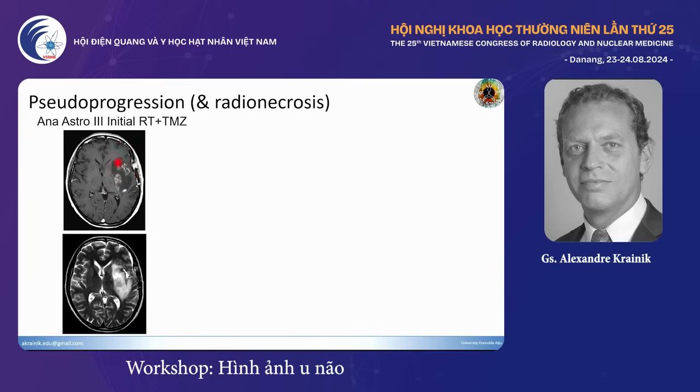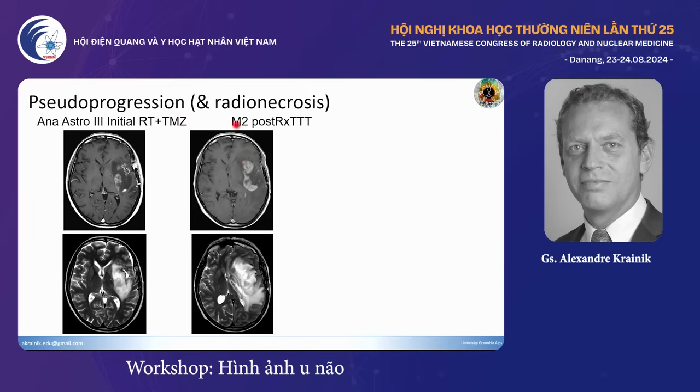You see there's some contrast enhancement, and then we provided radiotherapy, temozolomide chemotherapy, and we follow up. Two months after radiotherapy, you see an increase of the contrast enhancement. There's a real increase in contrast enhancement, increase in mass effect, you see, increase in T2 hyperintensity, so peripheral edema, or, well, there are things to worry about.